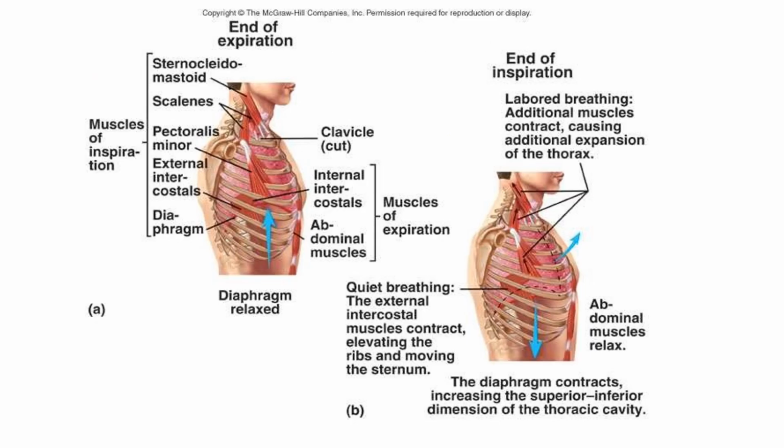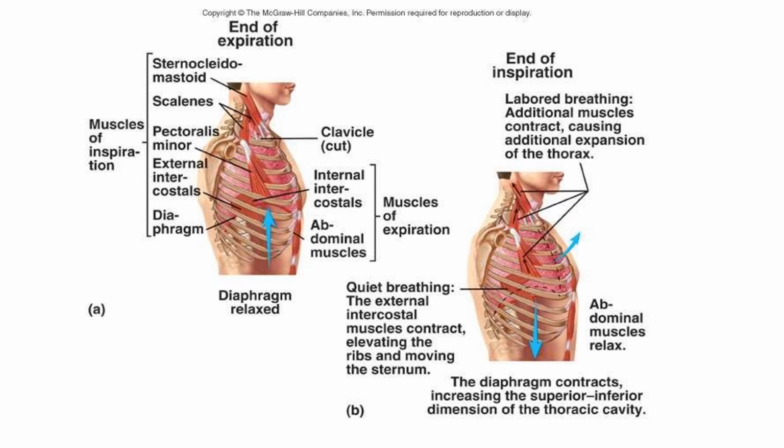So you can see in this picture, at the end of expiration, the muscles of inspiration are involved, the diaphragm is relaxed, and at the end of inspiration, in labored breathing, additional muscles contract causing additional expansion of the thorax. During quiet breathing, the external intercostal muscles contract, elevating the ribs and moving the sternum.